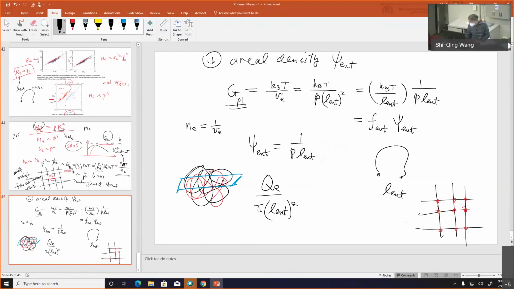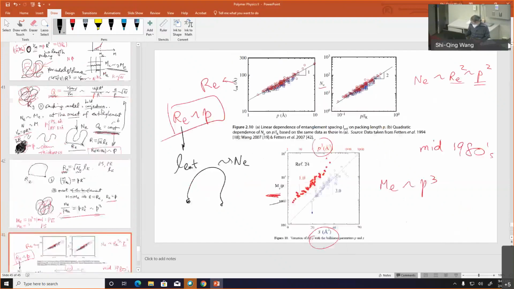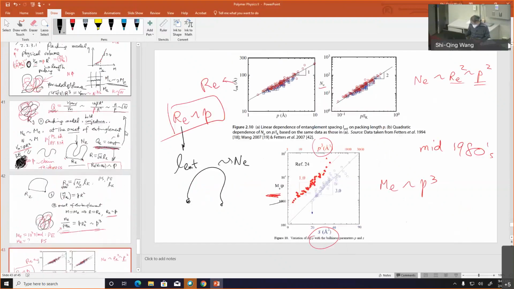So if I go back to what is QE, QE is entanglement length over P. I know we had a slightly different notation before. That's okay. Let's see where we are.